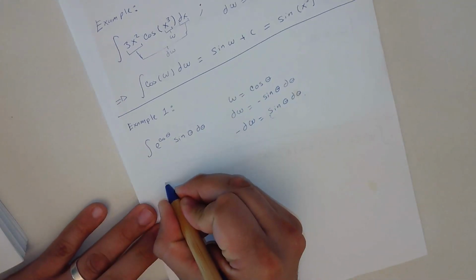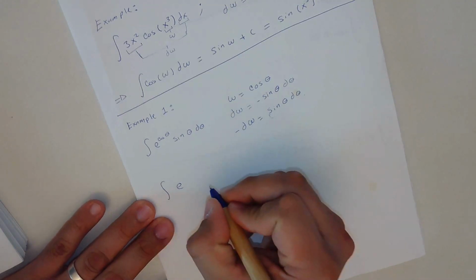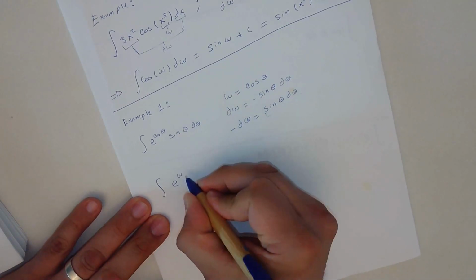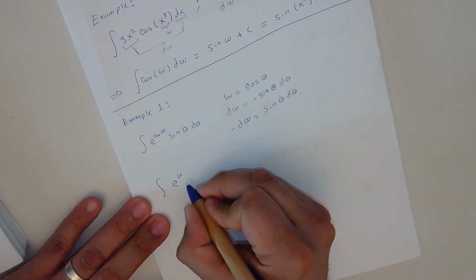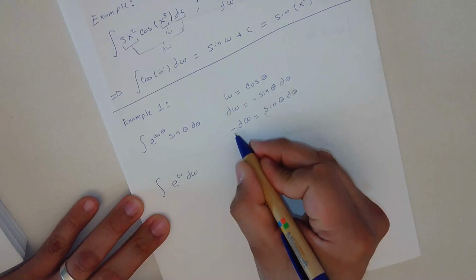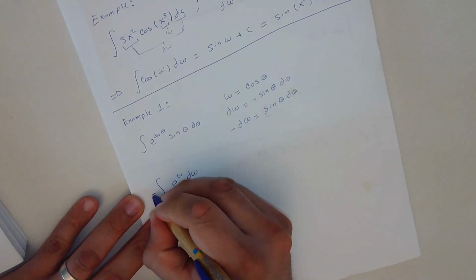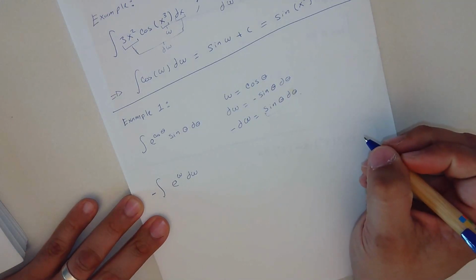Now this part is here, this part is here. So if we do the substitution, we have e to the w dw, and we have a negative. Because multiplication by -1 is a constant, we can put it outside.